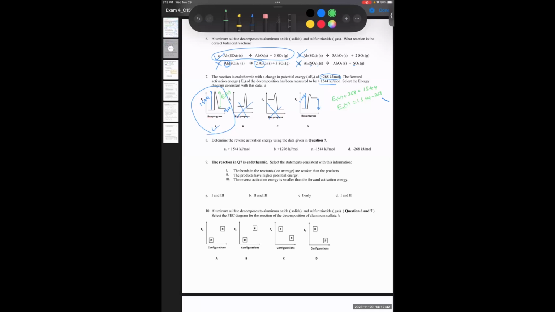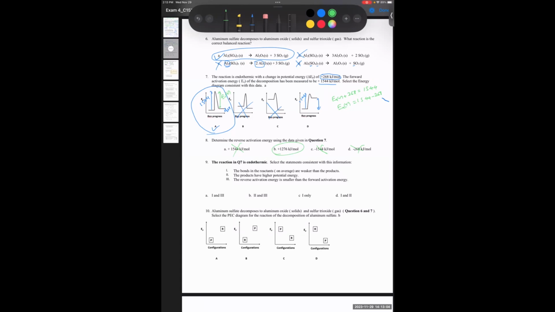So it has to be something like 1276. It should be a positive value, definitely, not these, and not this one either, because that's the forward activation energy. Therefore, it has to be this one over here, option B.